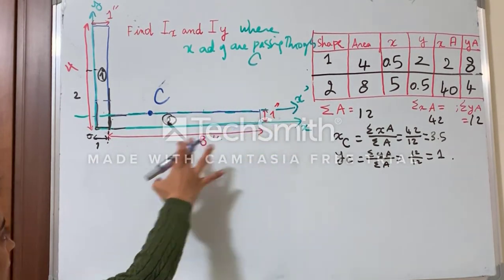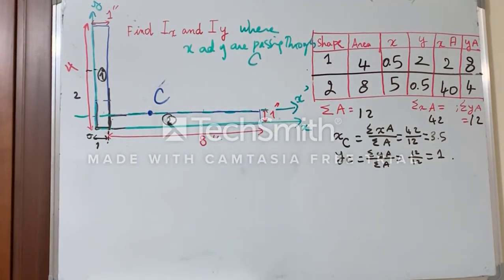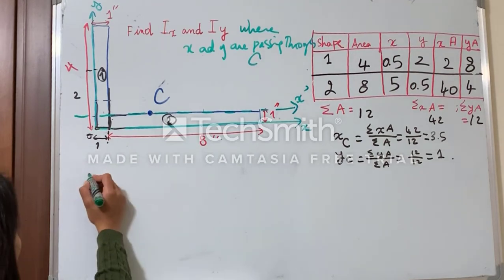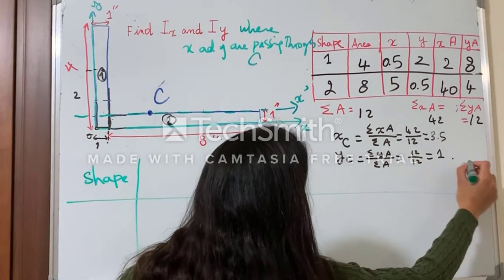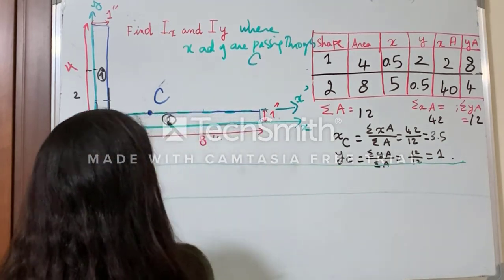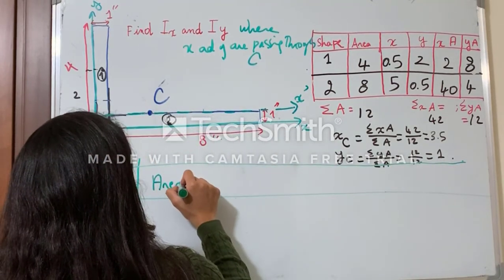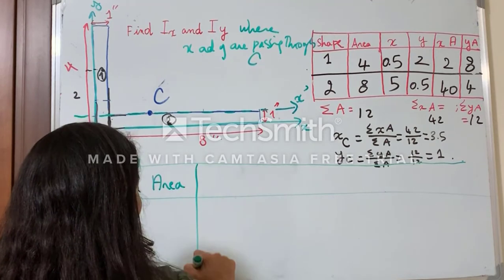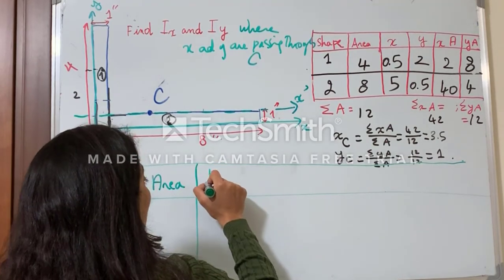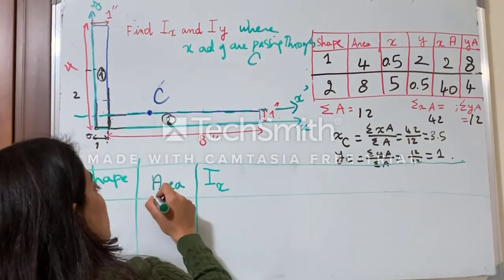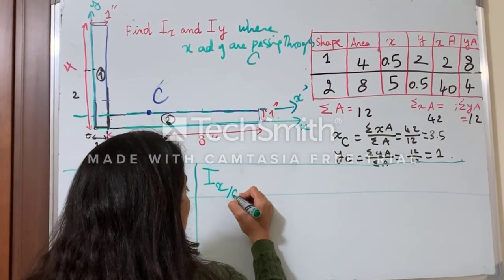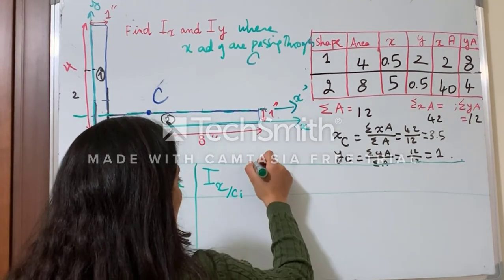It is the same as the centroid for the first two columns. So first I should indicate the shape. What is the shape? And then, guys, I should indicate the area of the shapes. Then I should find Ix around what? Around the centroid of this shape, alright? So around the centroid Ci, let's say, alright?